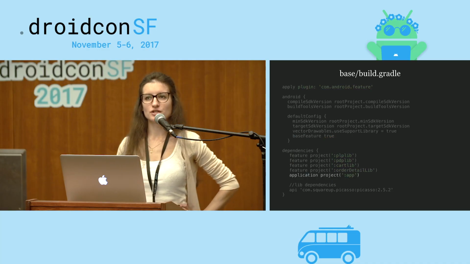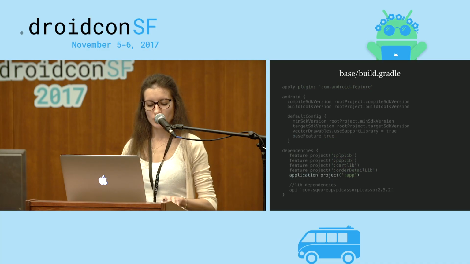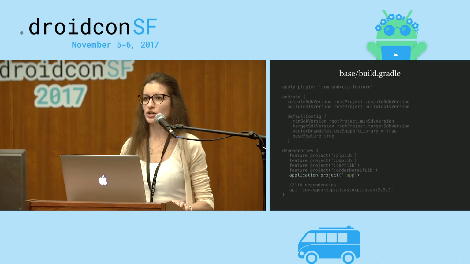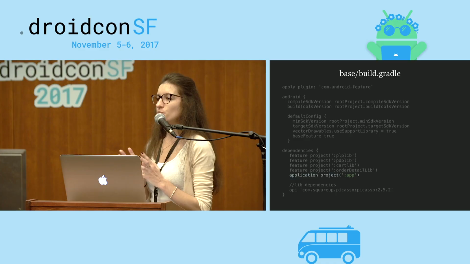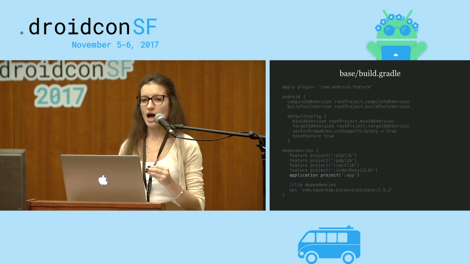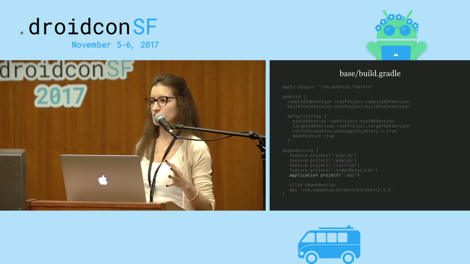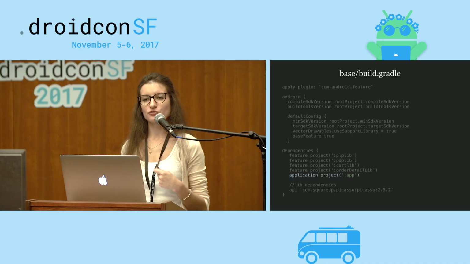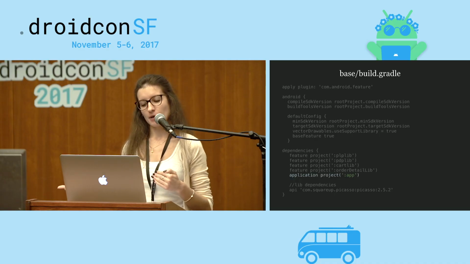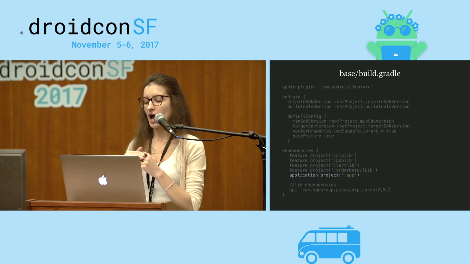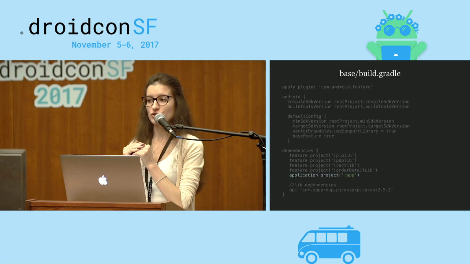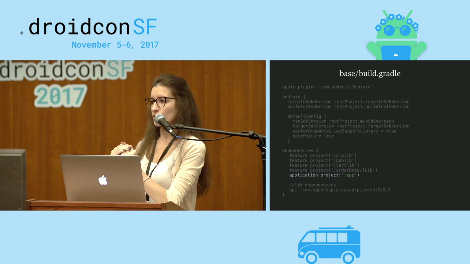One of the most important attributes that I would love to pay your attention to, not really attributes, but configuration, is application project. So this configuration is important if your current application has several flavors. So if you want to propagate these flavors to your instant app, you have to set this configuration application project and give reference to your app module. And why is that important?